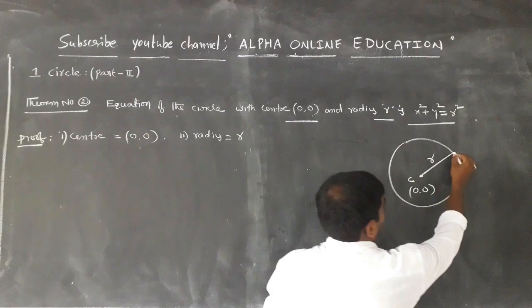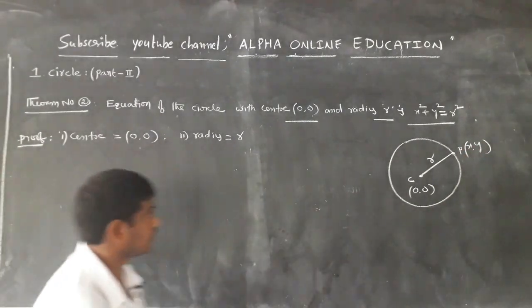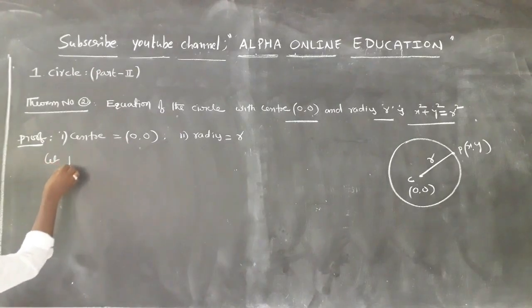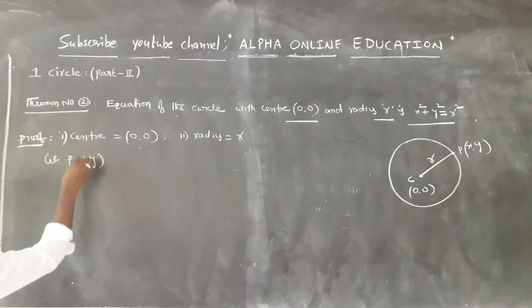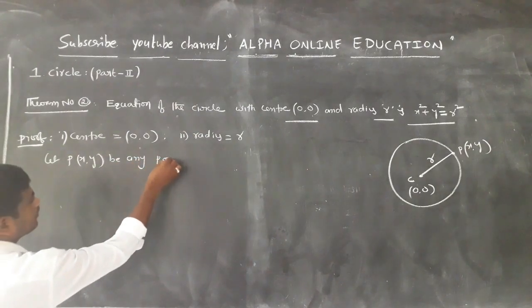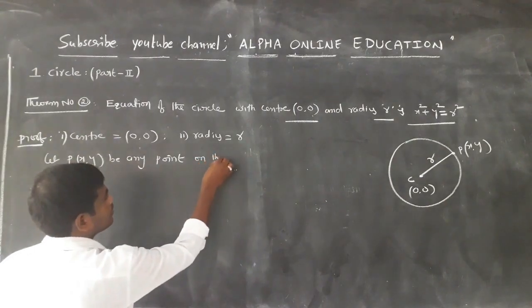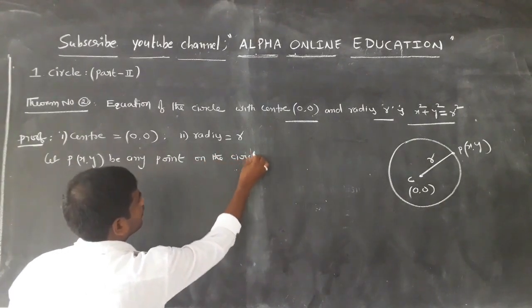Here, let P(x, y) be any point on the circle.